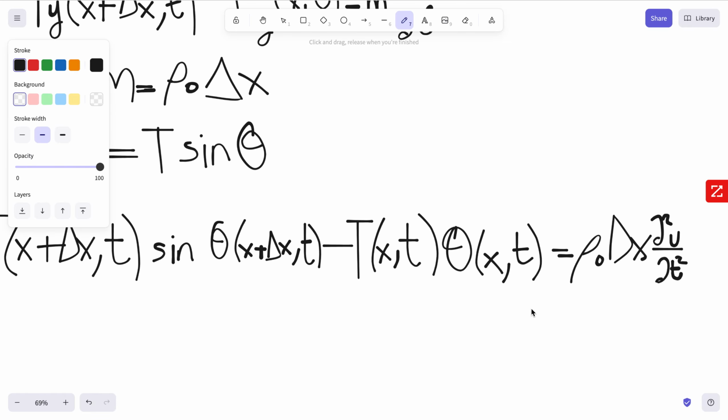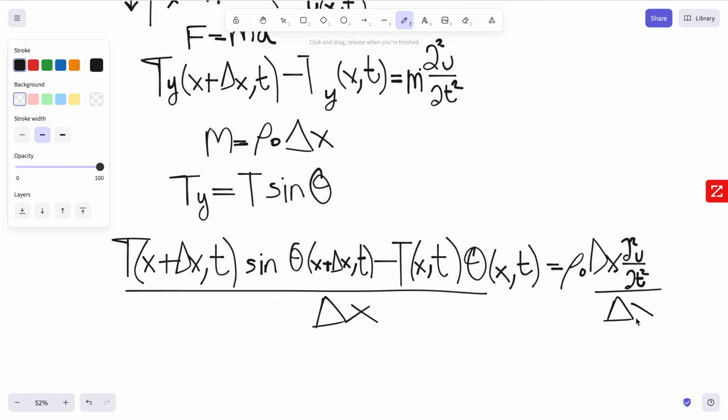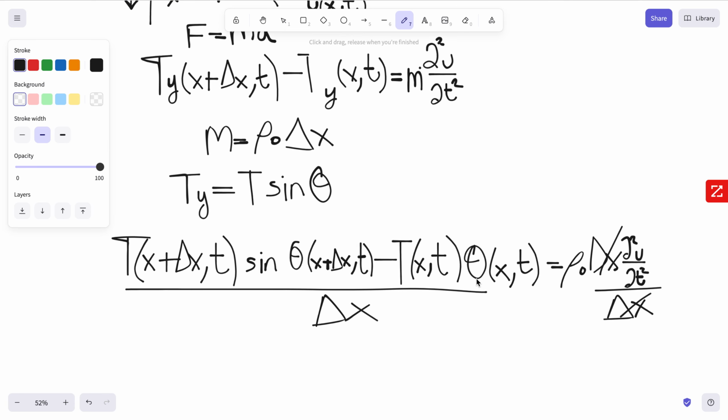Now, we can divide both sides by change in x, and you'll notice that what we have here looks quite a bit like the limit definition of a derivative.